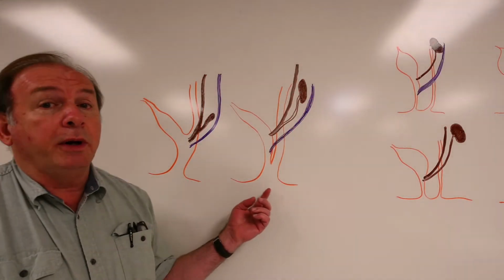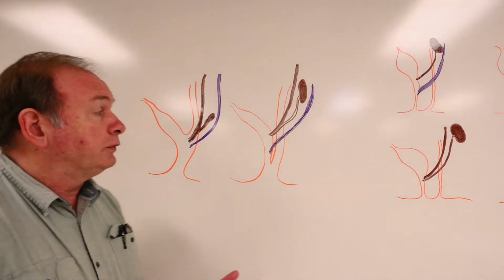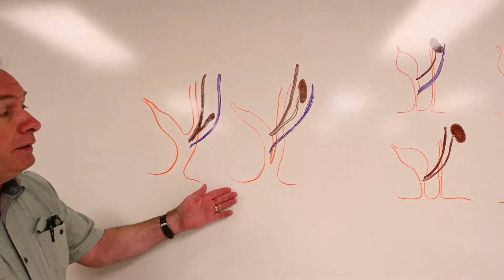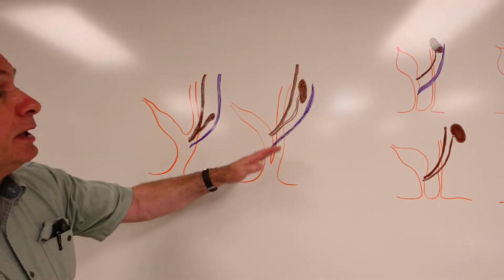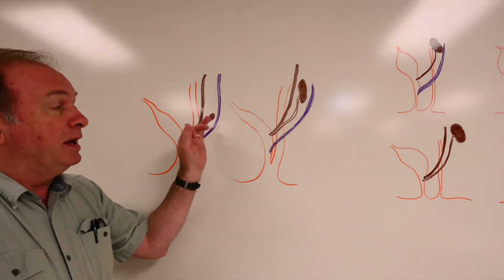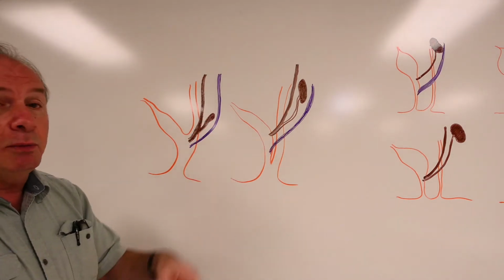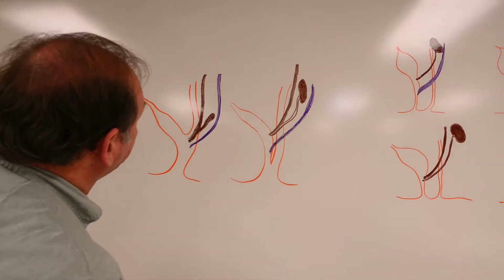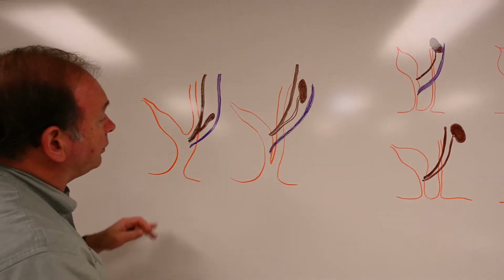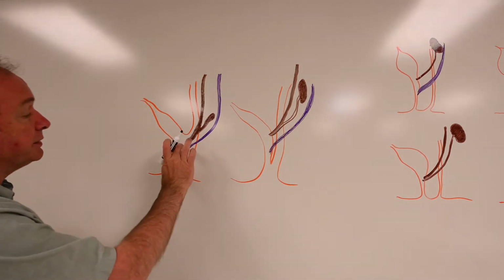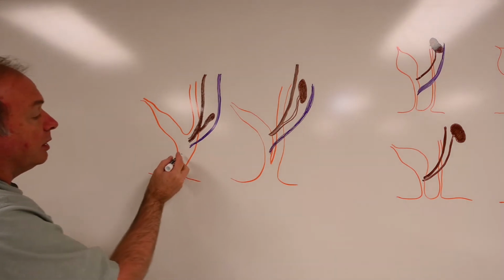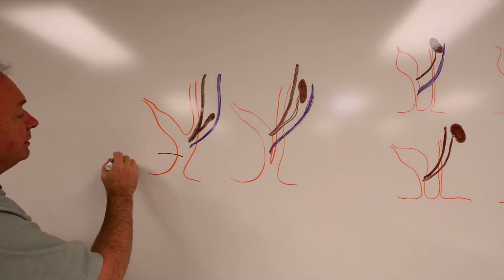In these two drawings, we have lateral views from the side of the developing lower cloacal region, the connections to mesonephric ducts, metanephric ducts, and Mullerian ducts, and all that. So let's label a few things to get us started. First of all, this common space right here and right here would be the cloacal space.